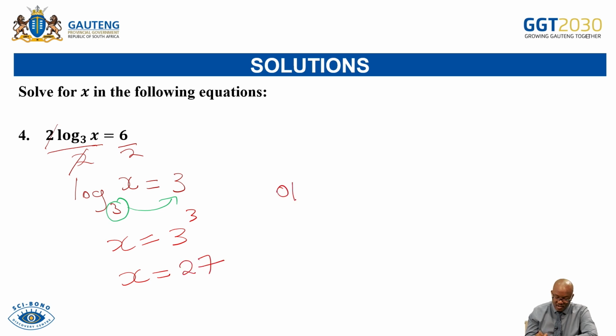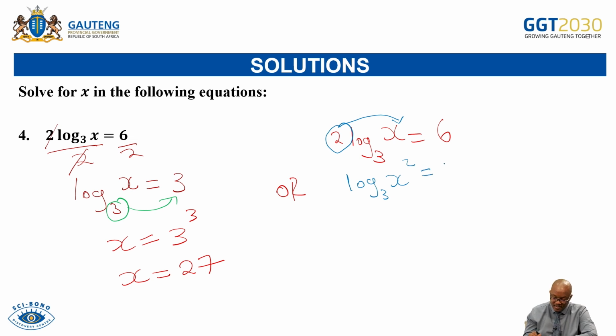27. Or another learner can say 2 log base 3 of x is equal to 6. They can firstly start by taking this 2 and bring it as an exponent, and they will have log base 3 of x squared is equal to 6. And as we take out the log, then this will happen. x squared is equal to 3 to the 6.